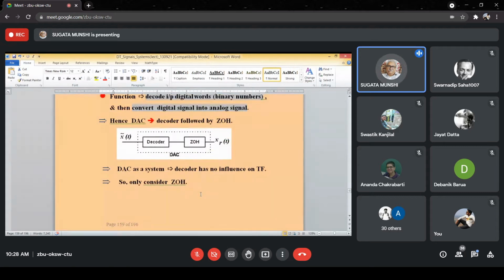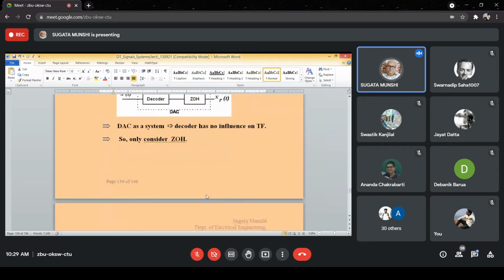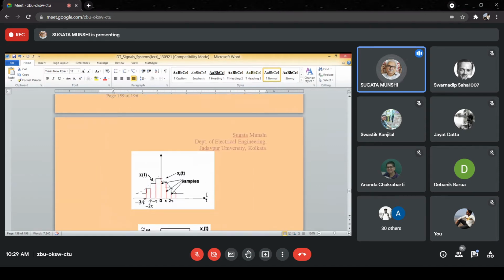So what does a zero order hold do? How does it yield a continuous time signal from the sampled version? It simply holds every sample value until the arrival of the next sample. So just see here that the sample at t equal to minus 3 tau is held by the zero order hold until a new sample arrives at t equal to minus twice tau.